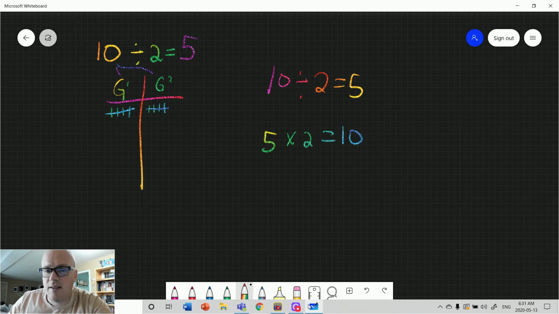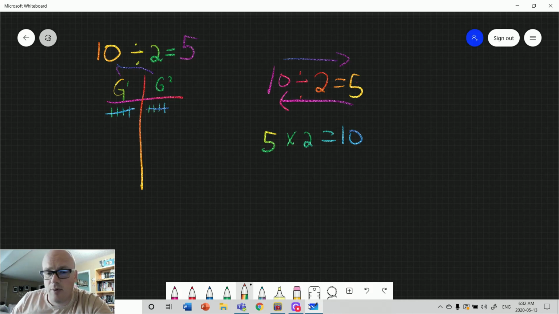I can see if division goes this way, then the multiplication would go this way and give me the same answer. 10 divided by 2 equals 5, yet 5 times 2 equals 10. This means that we can use multiplication to check to see if we are correct.